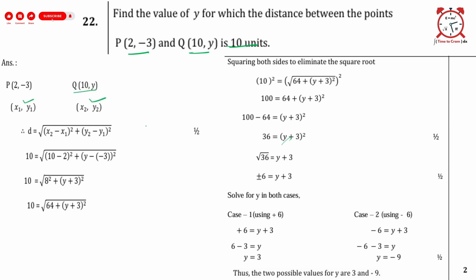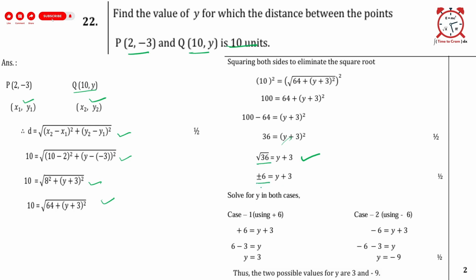We will use this distance formula, keep all the values properly here, then you will get this equation: root 36 equals y plus 3. So after taking the square root, root 36, we will have two values, plus 6 and minus 6.